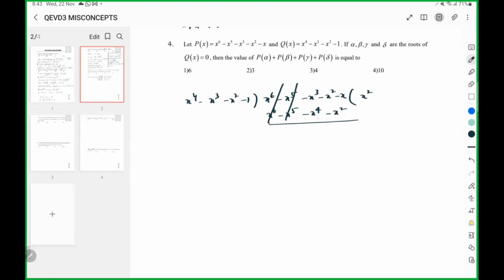Subtracting, they get cancelled out. X power 4 minus x. Again, 1 if I write, x power 4 minus x cube minus x square minus 1. Again subtracting, x cube plus x square minus x minus 1.